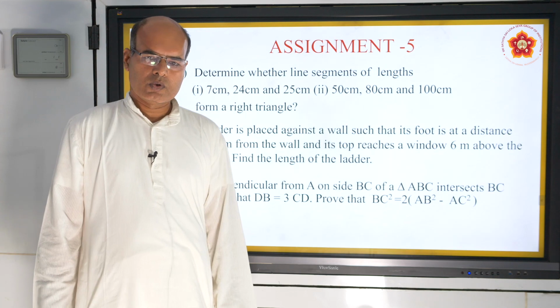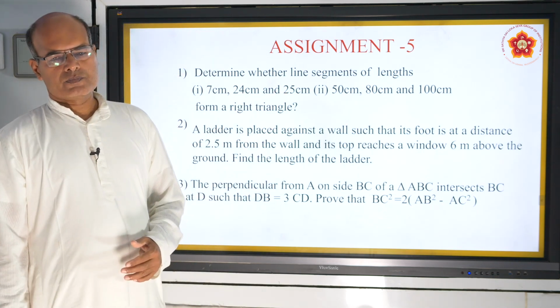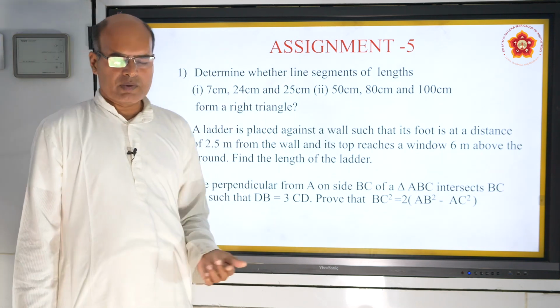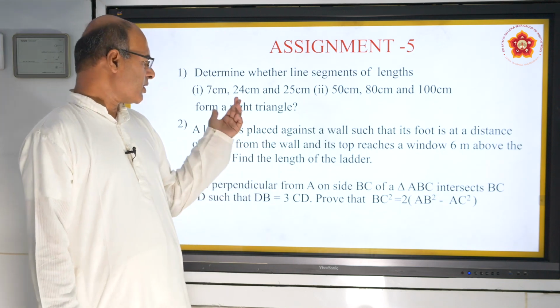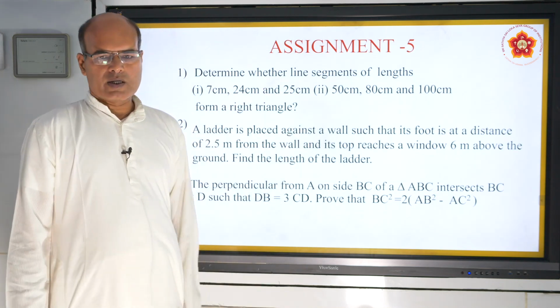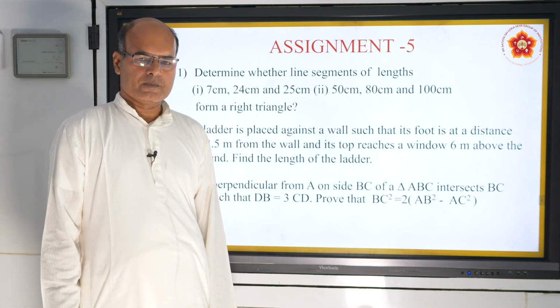So what we have to do? Find out the squares of all these numbers. Add the squares of the smaller two numbers. If it is equal to the square of the bigger number, then you can decide that they form a right angle triangle. If not, you can tell that those lengths do not form a right angle triangle.